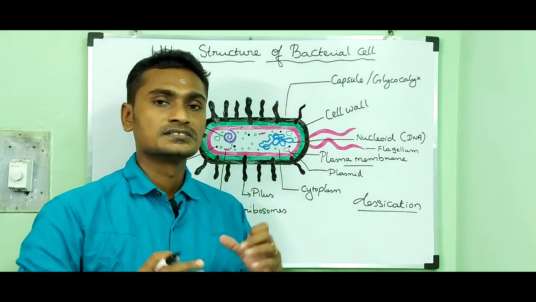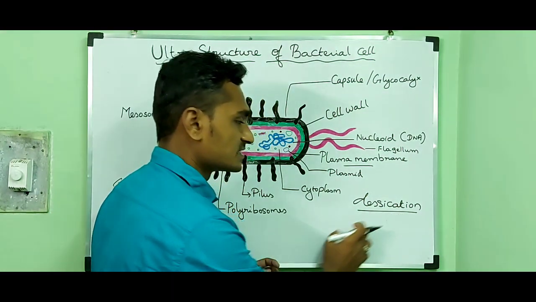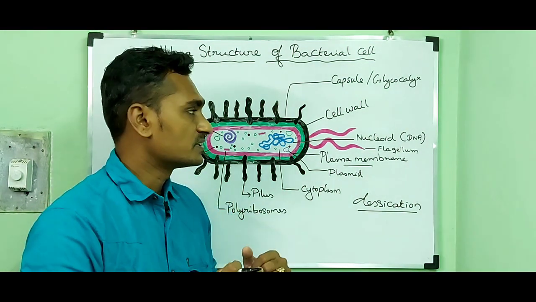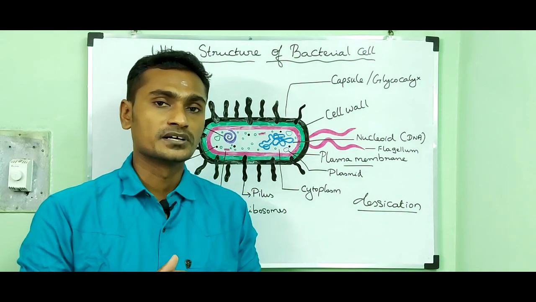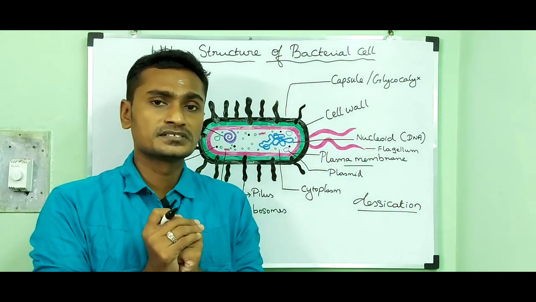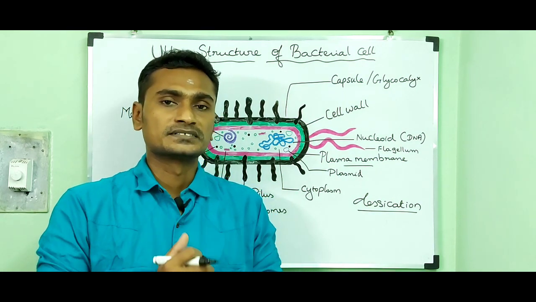Desiccation means dry condition. So it prevents the bacteria from desiccation and keeps the bacteria moist, and it protects the bacteria from antibiotics. Due to the presence of the capsule, the antibiotics are not able to affect the bacteria.